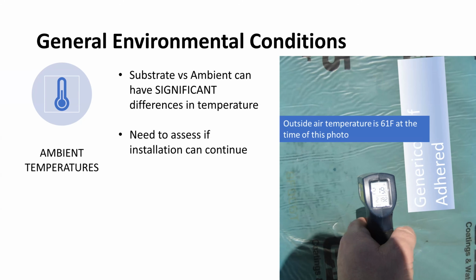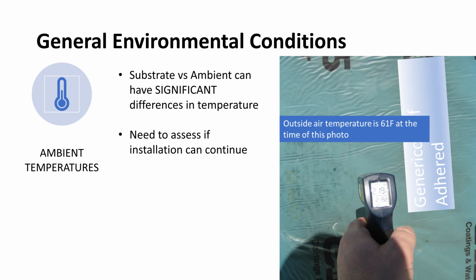Well, we have this temperature gun and we're putting it on the surface and we're seeing that the substrate temperature of that material is 219 degrees. So this is a perfect example of how big a difference it can be. Even though it's 61 out and you're like, hey, this looks good, the installer might not be able to actually install because of how hot that substrate is, okay? So we've always got two things we're keeping in mind: what the temperature out is, but more importantly, what the substrate temperature is, right?